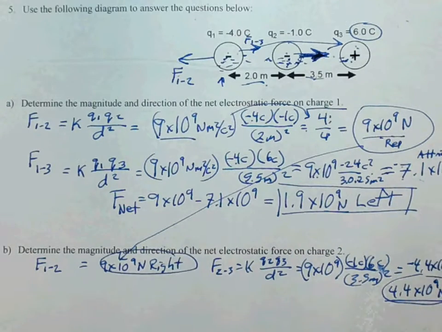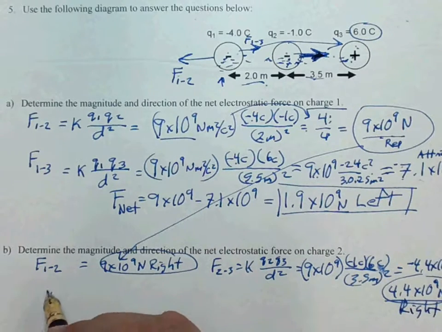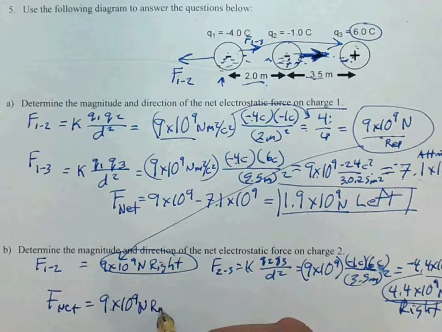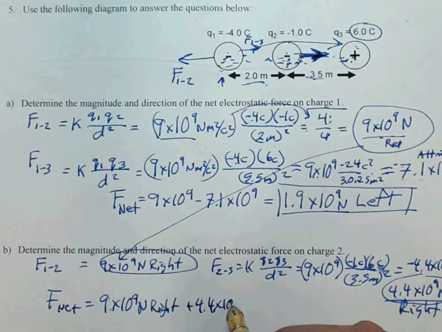So we have the net force is equal to 9 times 10 to the 9th newtons to the right plus 4.4 times 10 to the 9th newtons to the right.